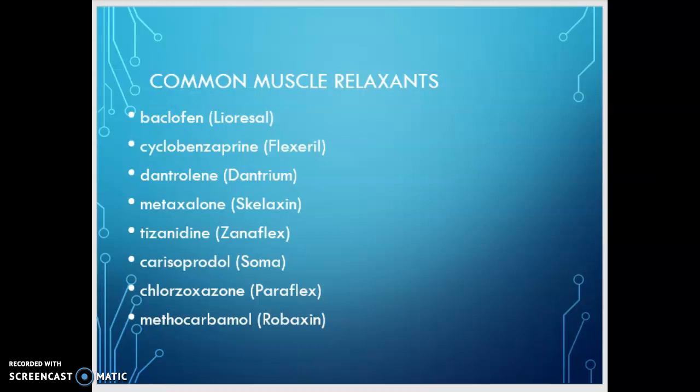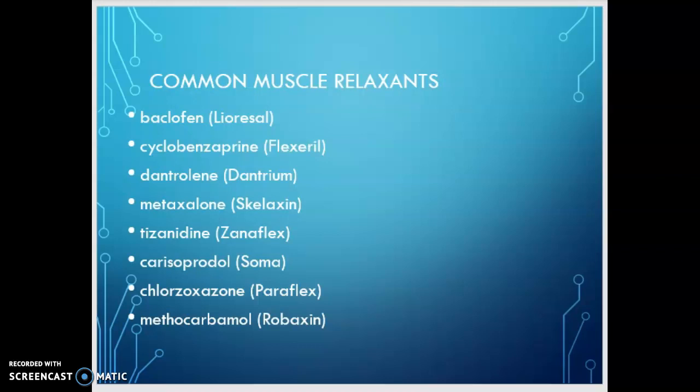So our more frequent ones you're going to see are baclofen, tizanidine, and methocarbamol. Metaxalone is by most insurance companies considered a second step. So if you fail the Robaxin, the baclofen, or the tizanidine, then they'll let you have the metaxalone.